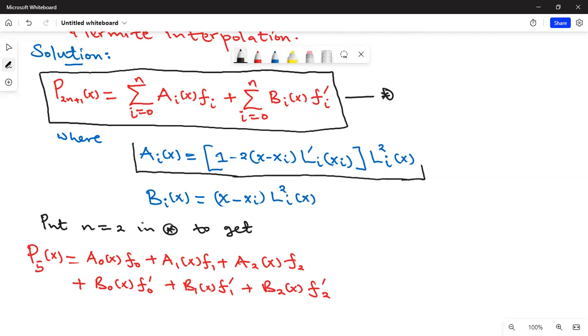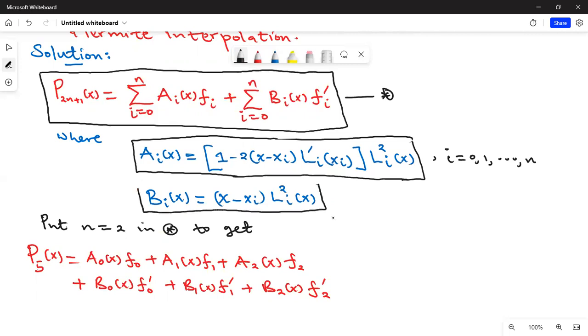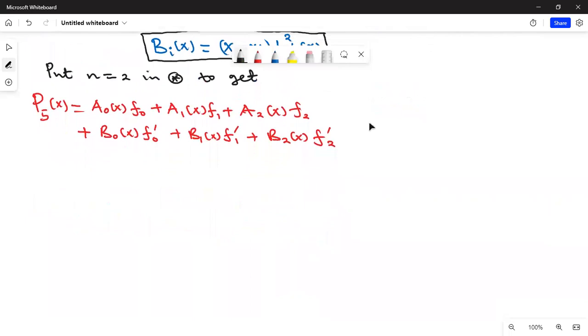In this case, i ranges from 0, 1, and then the last one is 2. So you can just say from i is equals to 0, 1, all the way up to n, even in the other one, bi of x. So what is important is knowing this formula for the Hermite interpolation. Now let's compute the Lagrange coefficients and also the ai of x and bi of x. So we start by finding the Lagrange coefficients. So right here, Lagrange coefficients.